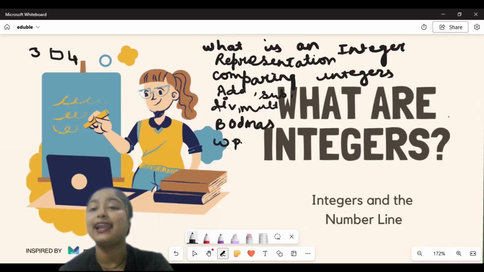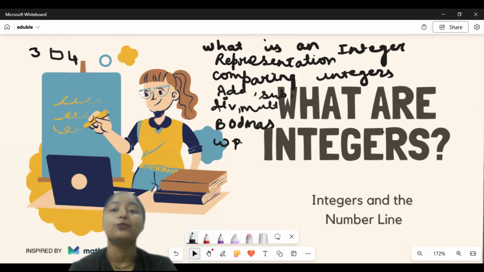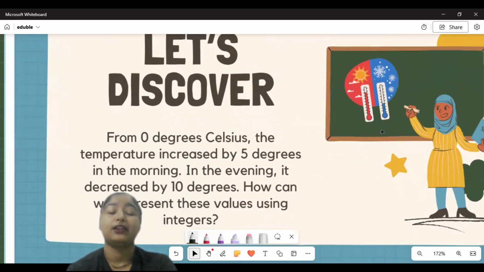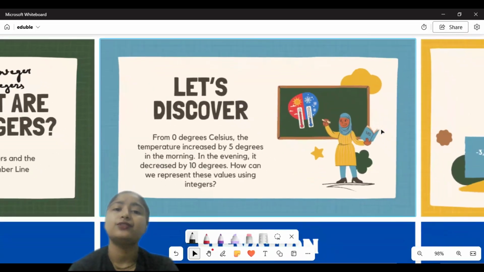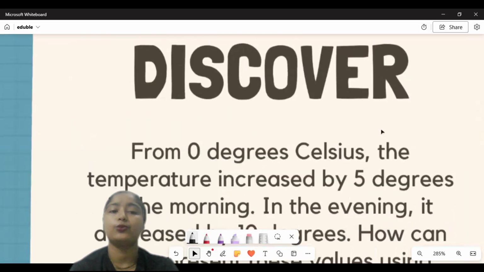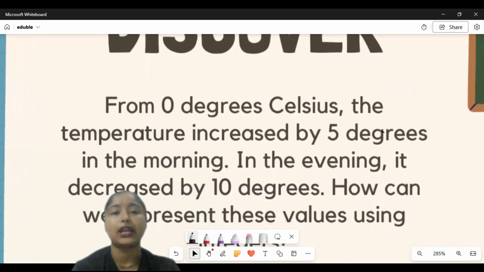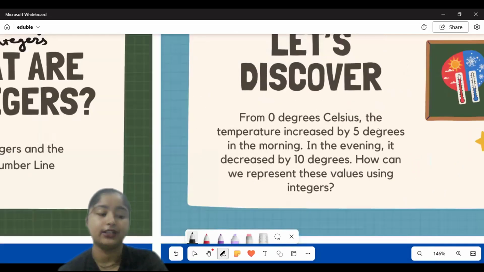So first of all, let's answer the question: what are integers? Let's try to discover. The temperature starts from 0 degrees Celsius and in the morning it increased by 5 degrees Celsius. Now in the evening it decreased by 10 degrees Celsius.